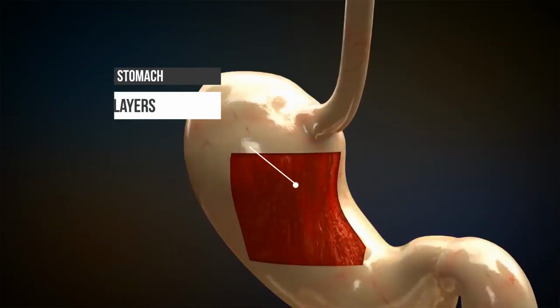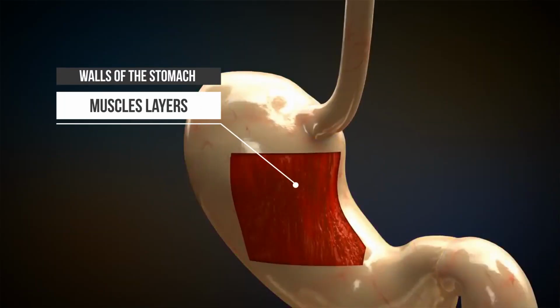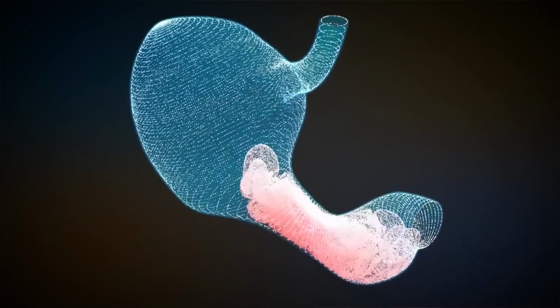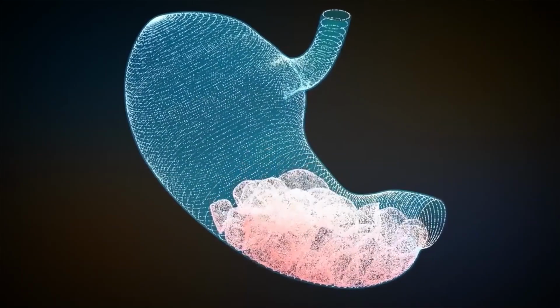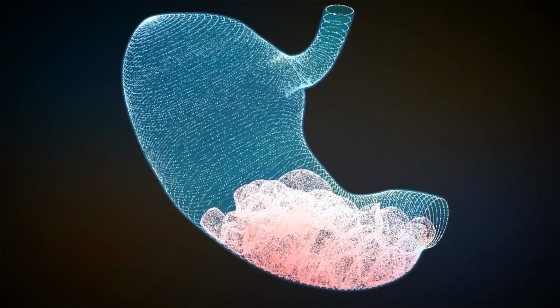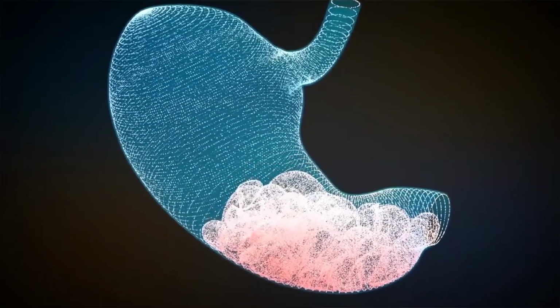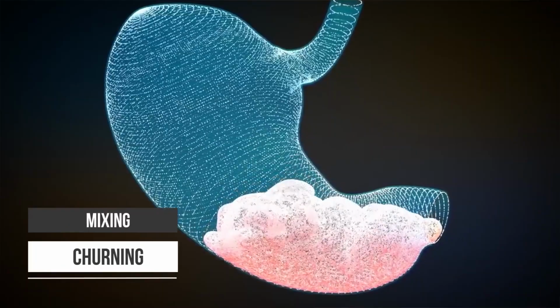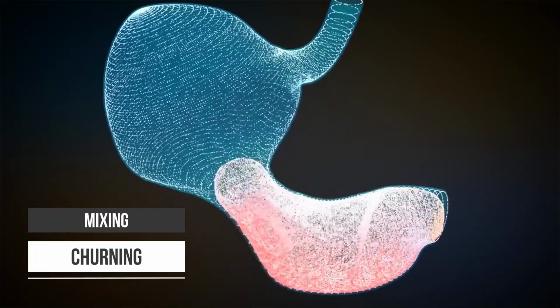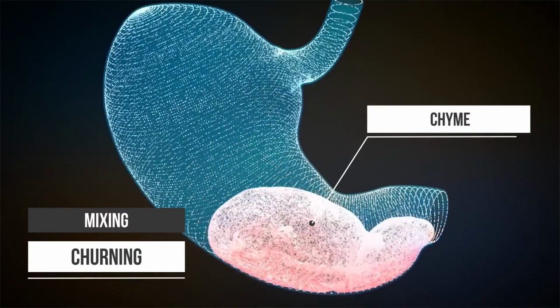The walls of the stomach are made up of thick and longitudinal muscle layers. These muscles contract and relax, resulting in the mixing of the food content. The mixing is referred to as churning, and it forms a fluid called chyme.